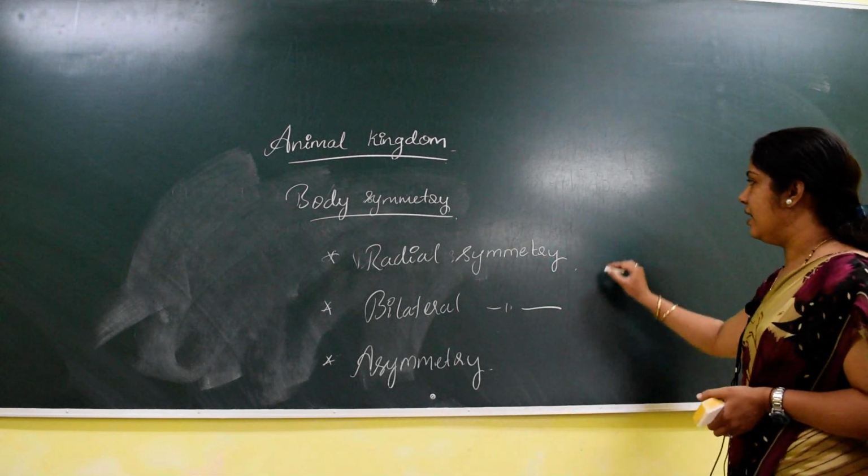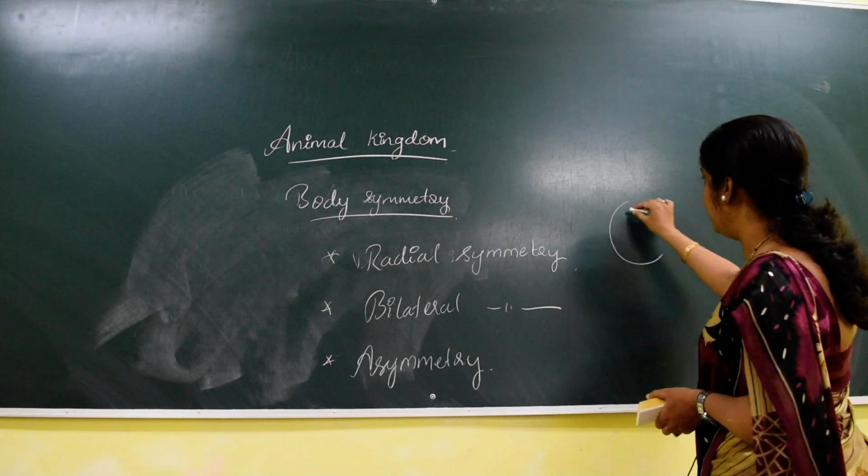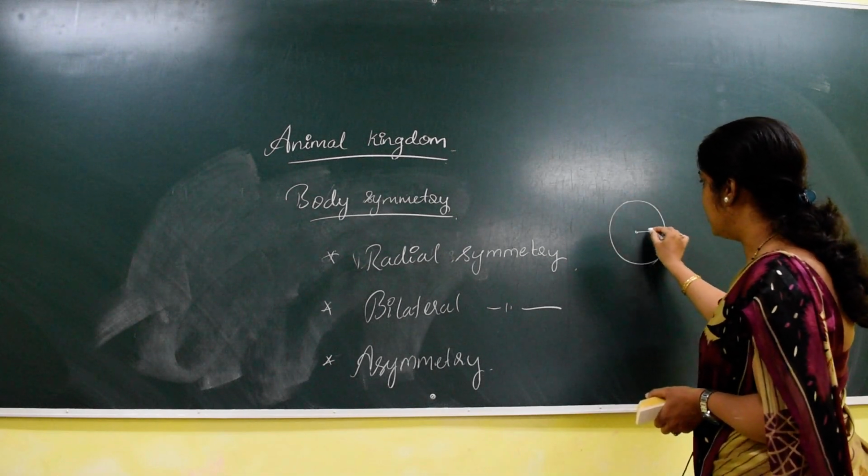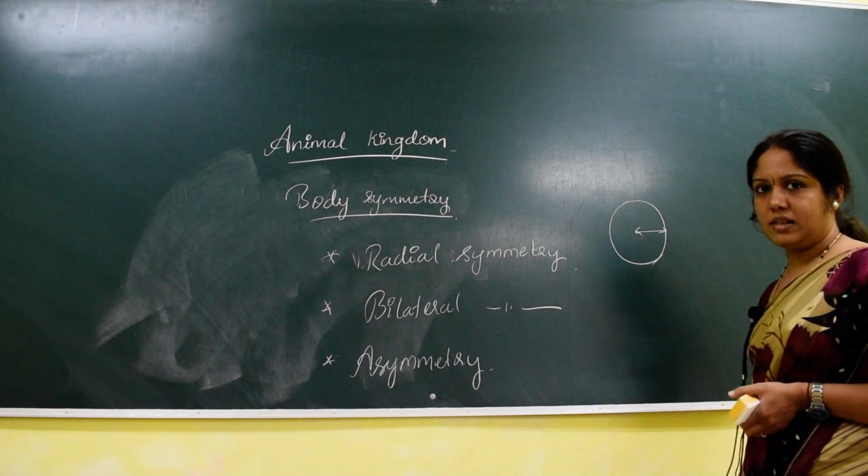In case of radial symmetry, what is a radius? When you take a circle, the line from the central point to the circumference is referred to as the radius.